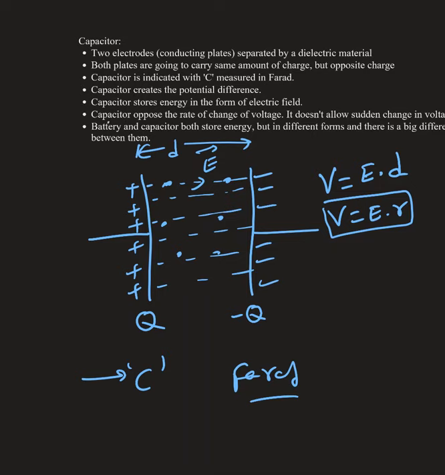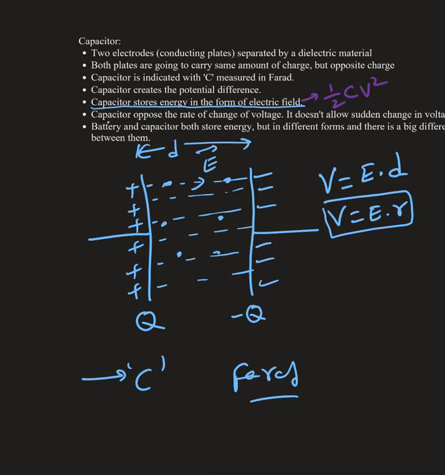Another important point is that a capacitor stores energy in the form of an electric field. The amount of energy it stores is half CV square. I'm going to derive that in another video. As long as I put charges on the positive plate and negative plate, automatically there is an electric field.